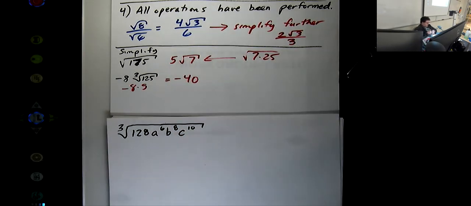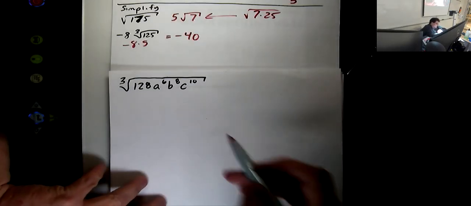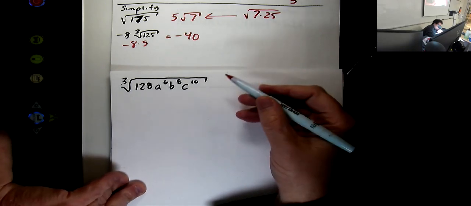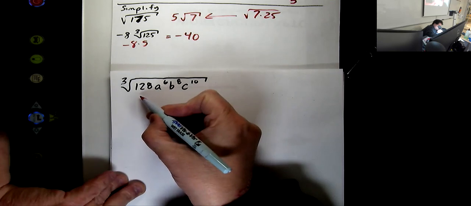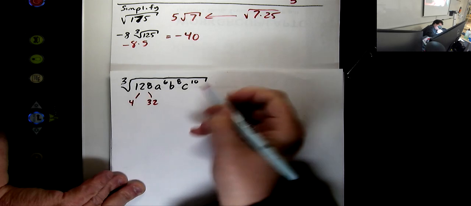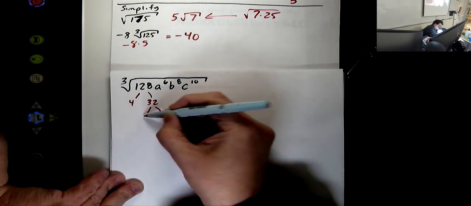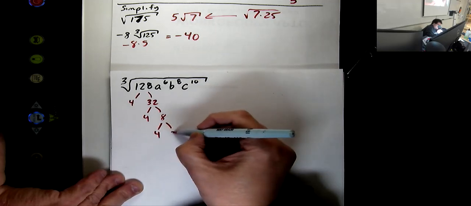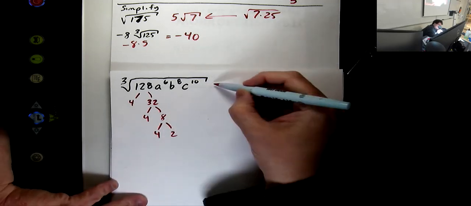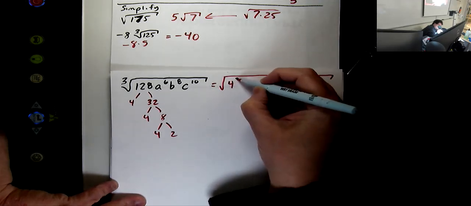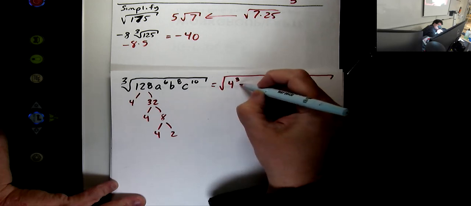What about this one? I don't know what goes into it. So let's see. I know this is 4 times 32, which is 4 times 8. And this is 4 times 2. Look at that. So I'm going to rewrite that as 4 cubed times 2.